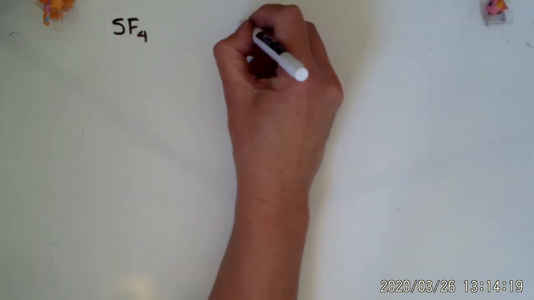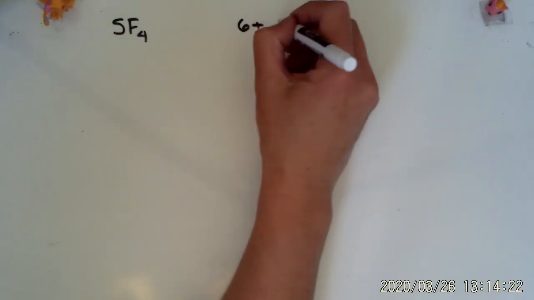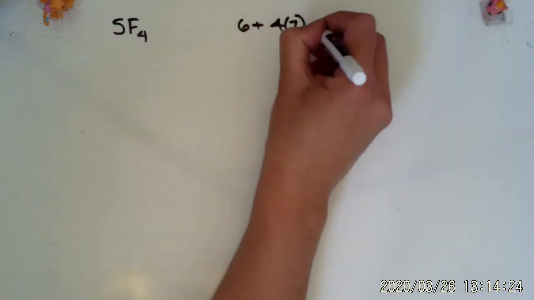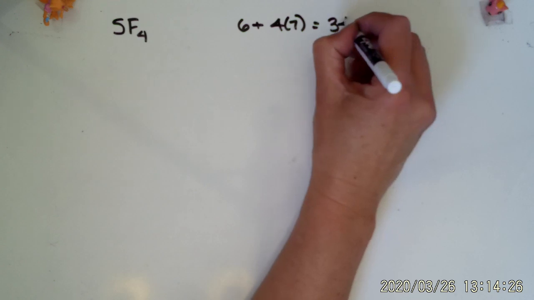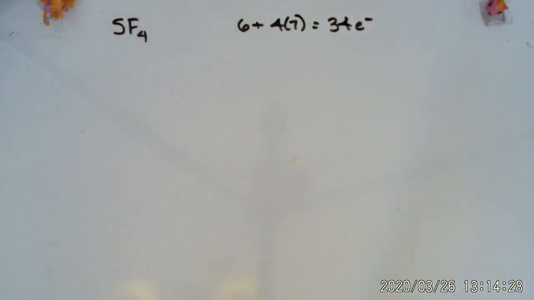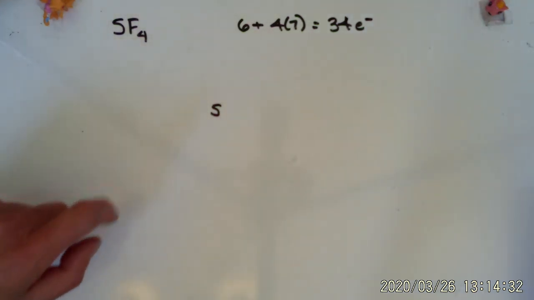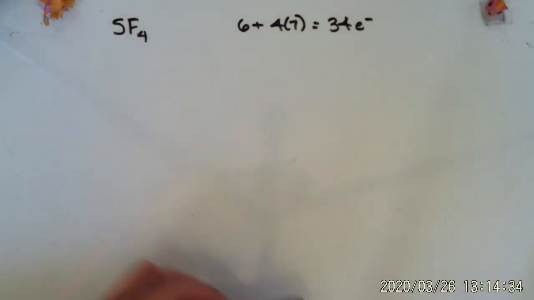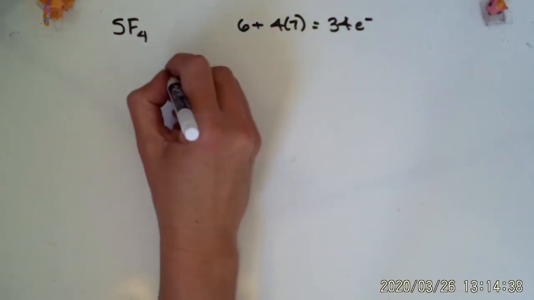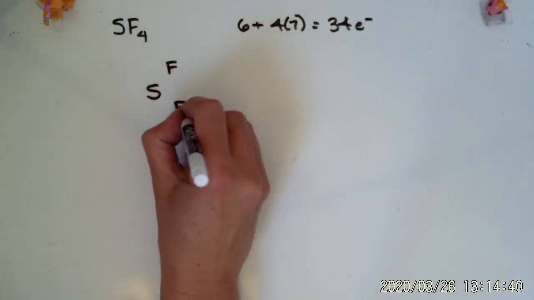Sulfur hexafluoride is 6 valence electrons plus 6 times 7. That gives me 48 valence electrons to work with. The sulfur is my central atom, surrounded by my fluorines.